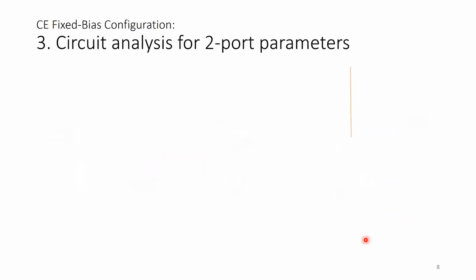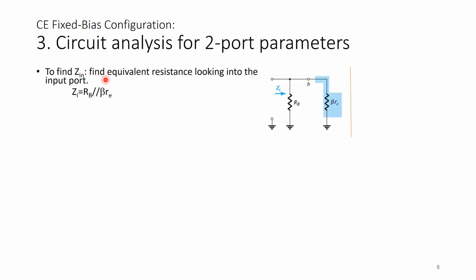Okay, now let's look at circuit analysis for two-port parameters. We're now at a specific circuit, still the fixed bias circuit. To find Zin, we'll have to find the equivalent resistance looking into the input port. So this is the input port, and we can see that RB is in parallel with beta RE.